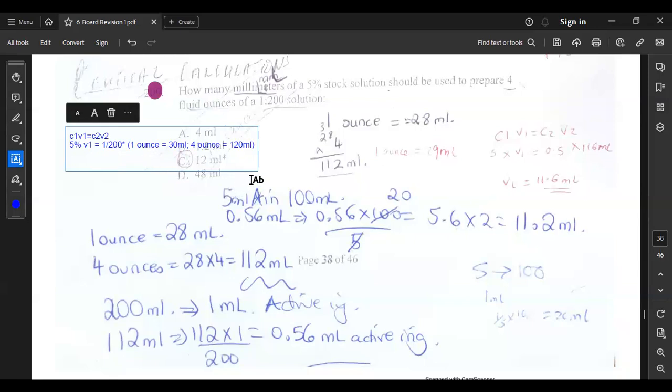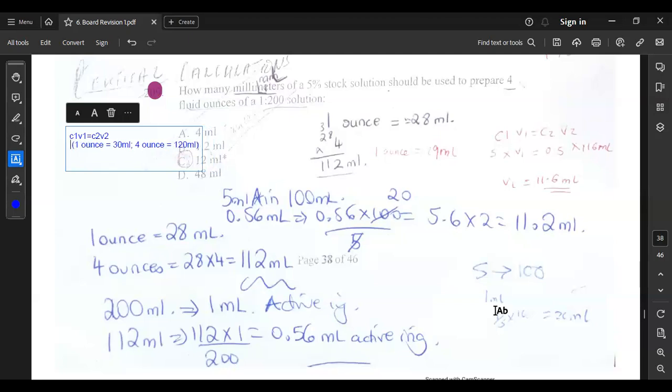Wait, how do you get 0.5? The second concentration is just the ratio, 1 to 200. When calculating the concentration as a percentage, it is usually per 100 ml. So it's like 1 gram in 200 ml. What about 100 ml?